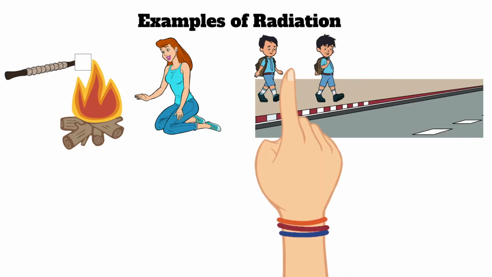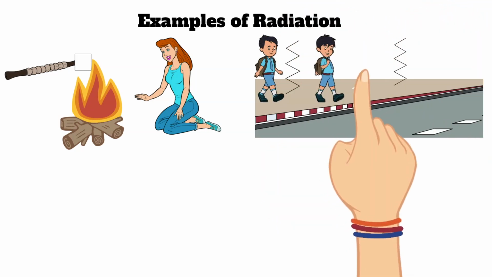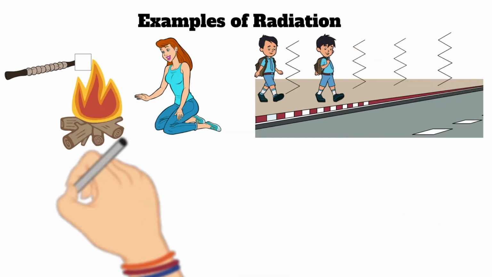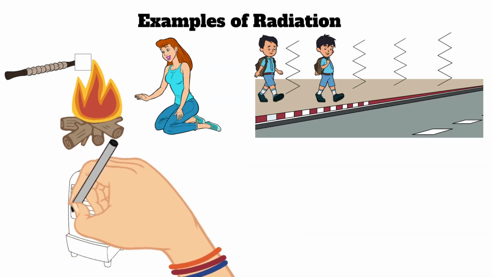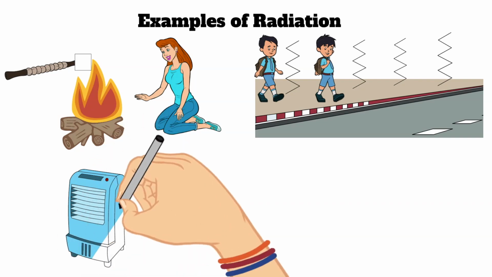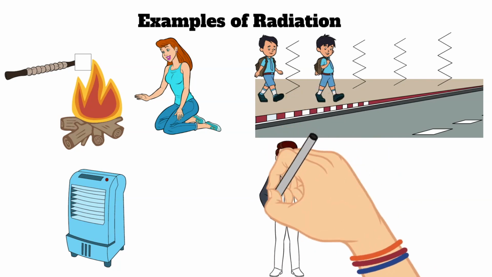Sometimes, on a very hot summer day, you're walking down a sidewalk and you can feel the heat coming up from that hot sidewalk. Another example would be space heaters. On a cool winter afternoon, using a space heater in your room helps produce radiant energy to warm you up.